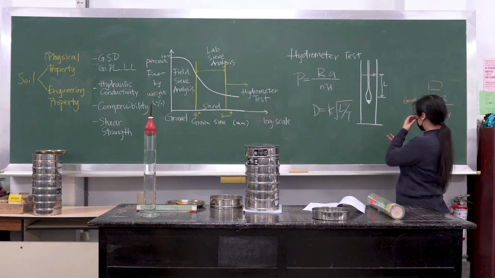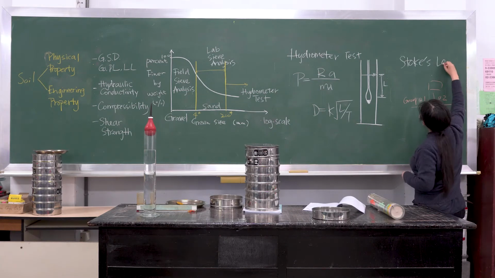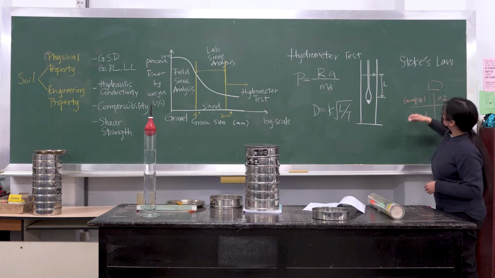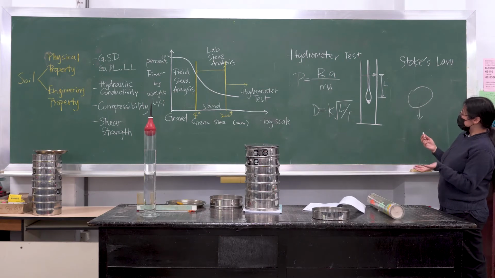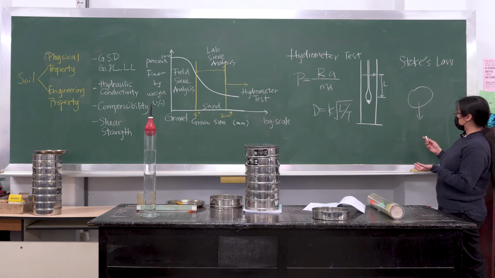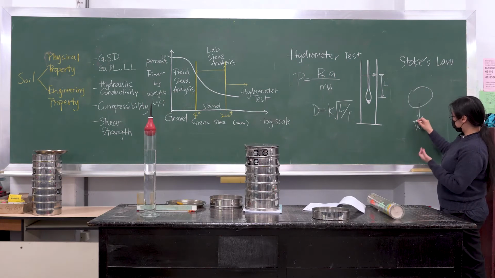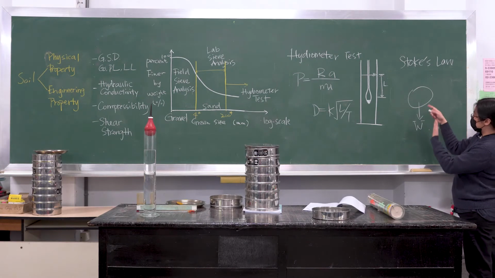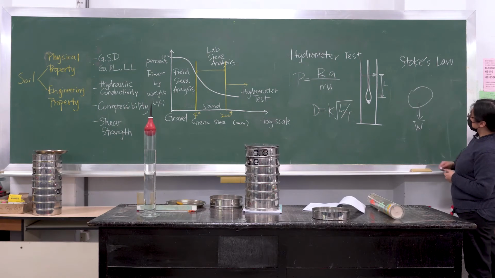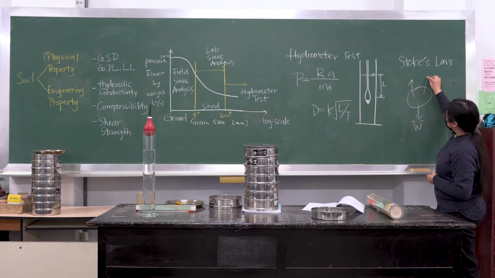If you use Stokes' law, what it tells you is if you have a soil particle like this, there are several forces acting on that soil particle. One, the downward force would be the gravitational force, due to the weight of the solid. And then there are two other forces.